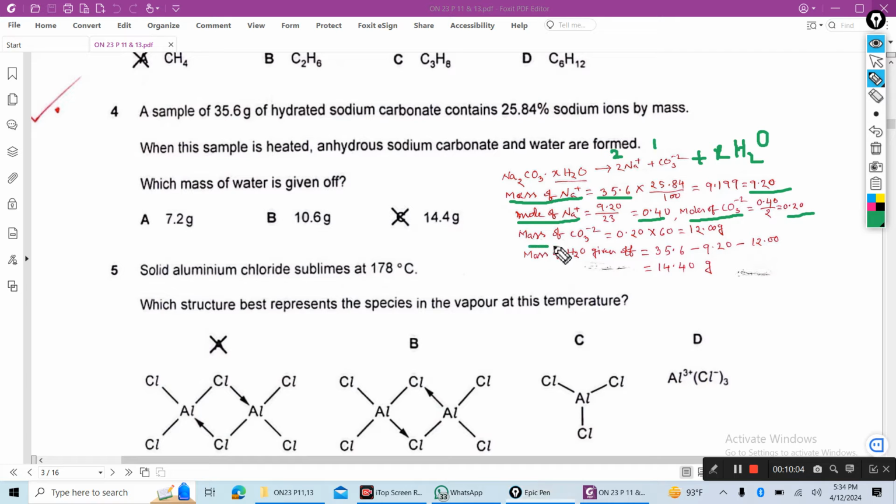Mass of carbonate, number of moles times molar mass, 12 gram. So now the mass of water given off is total mass minus mass of sodium ion minus mass of carbonate ion, 14.40 gram.